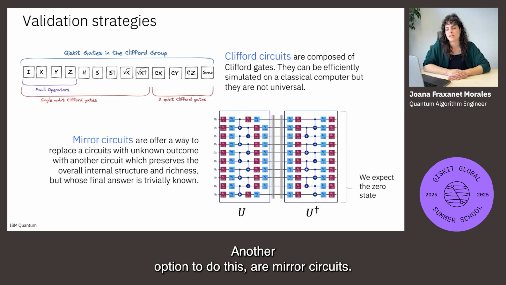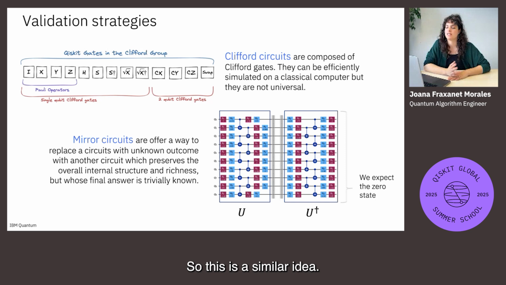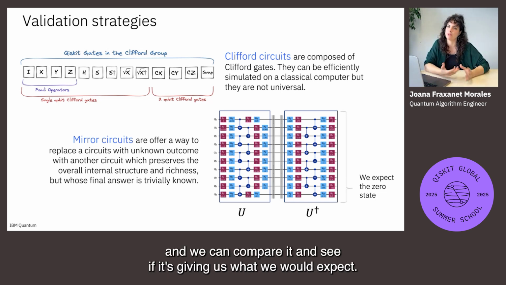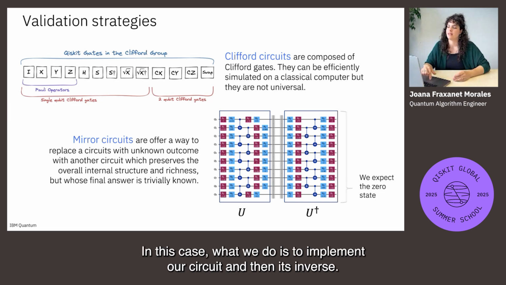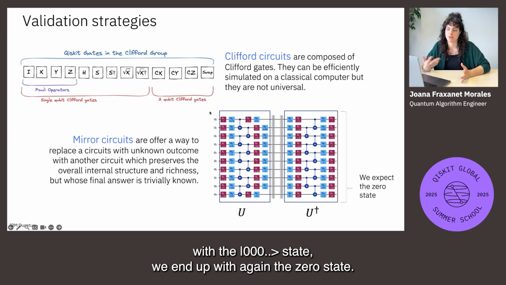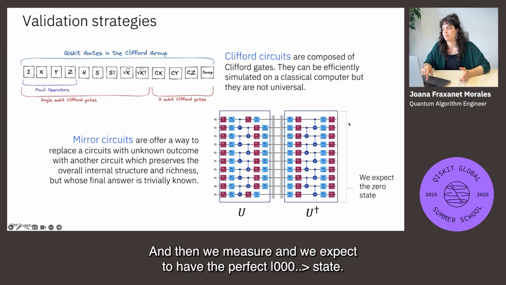Another option to do this is mirror circuits. This is a similar idea. We want to vary our circuit, change it a bit so that we know the output and we can compare it and see if it's giving us what we would expect. In this case, we implement our circuit and then its inverse. So if we're starting with a 000 state, we end up with a 000 state, and then we measure and we expect to have the perfect 000 state.